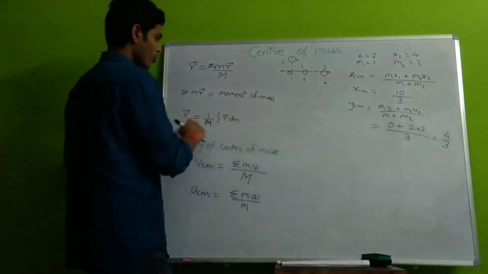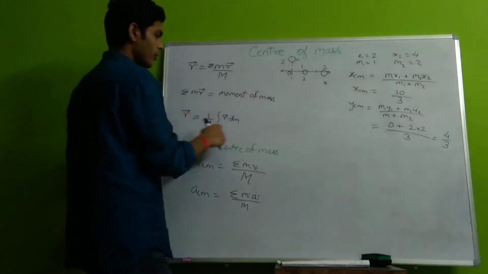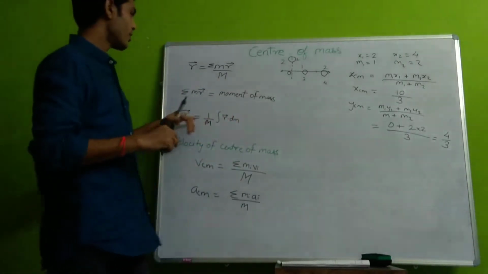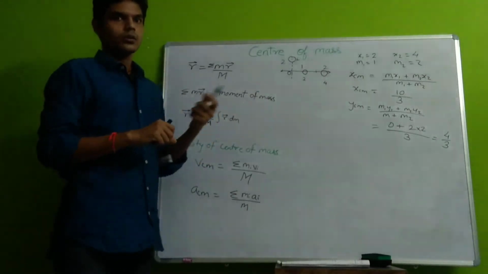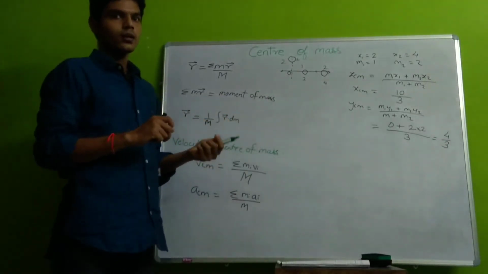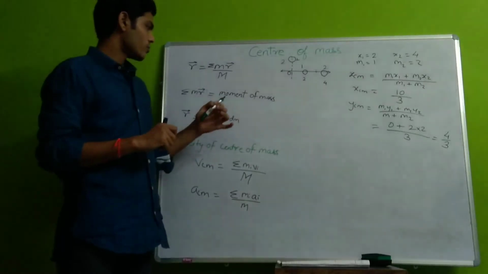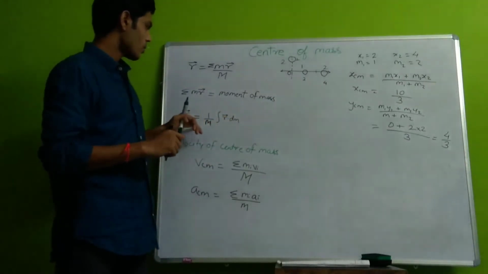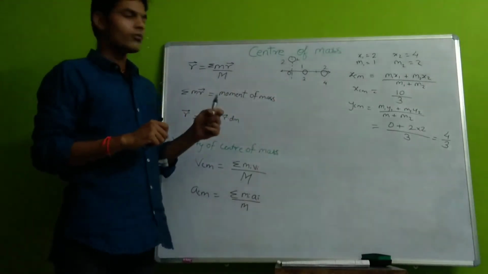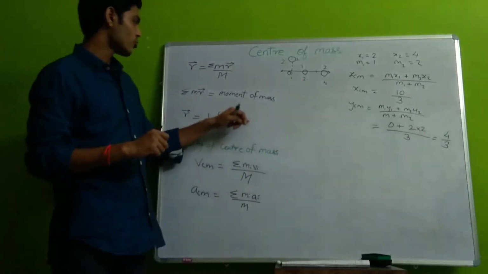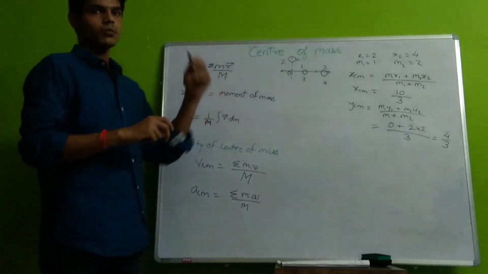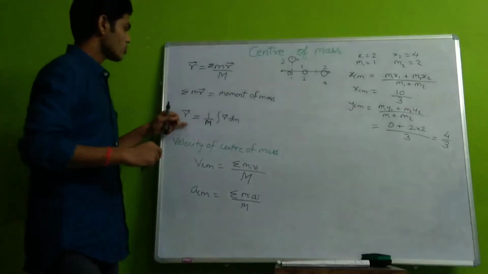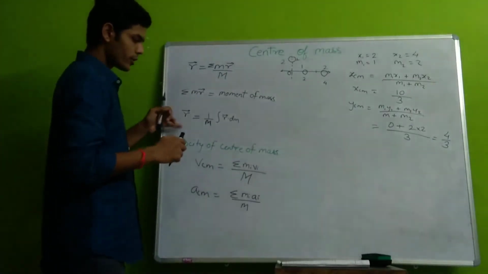This is a very important formula when we are given a continuous body like a rod or cylinder or cone, then we can find out the center of mass of the given system or object. So this formula is very important.